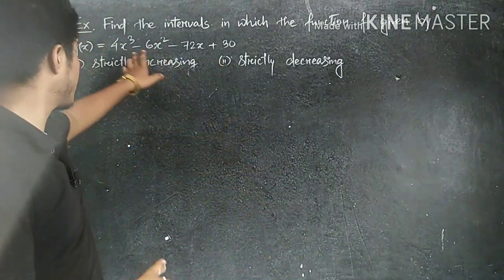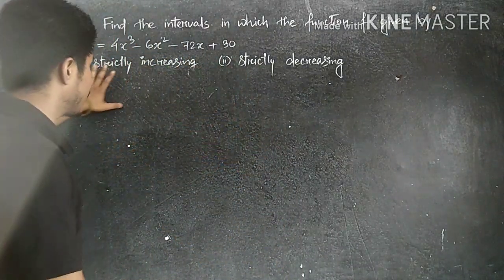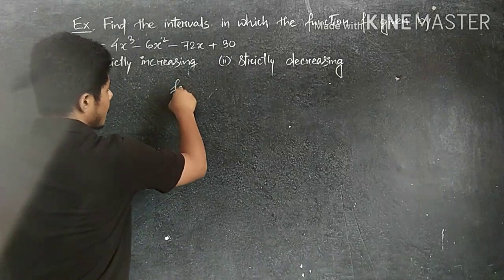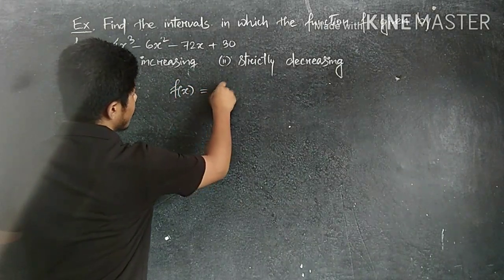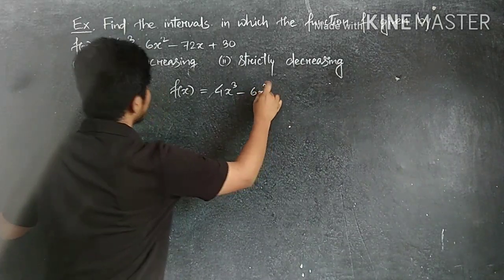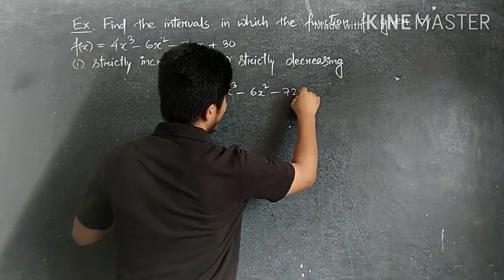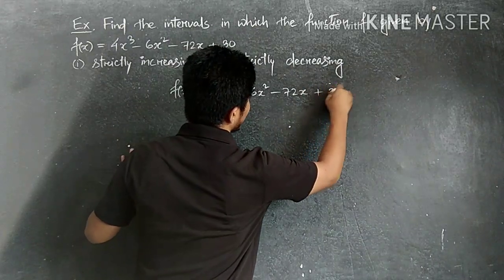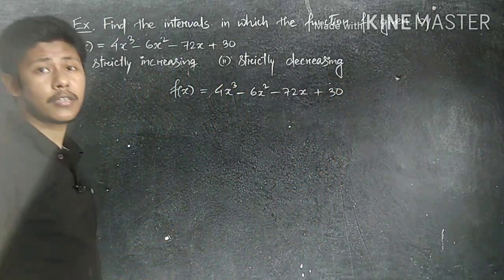The given function f(x), we have to differentiate. So f(x) equal to 4x cube minus 6x square minus 72x plus 30. This one is the function.